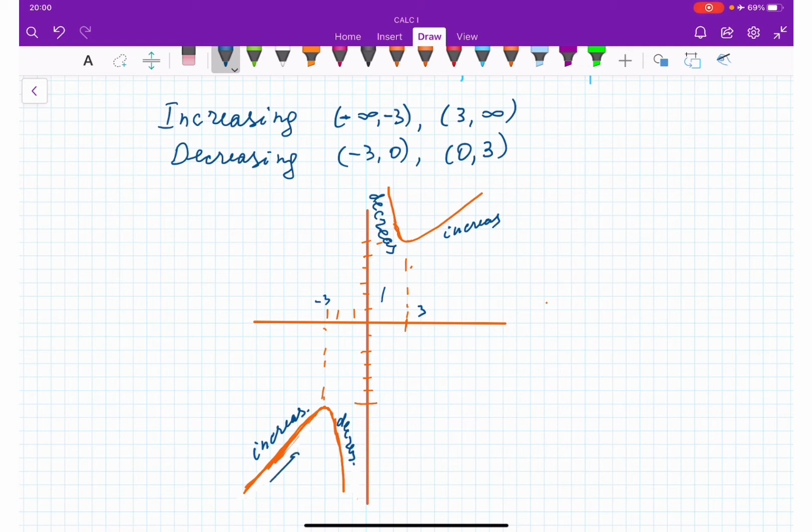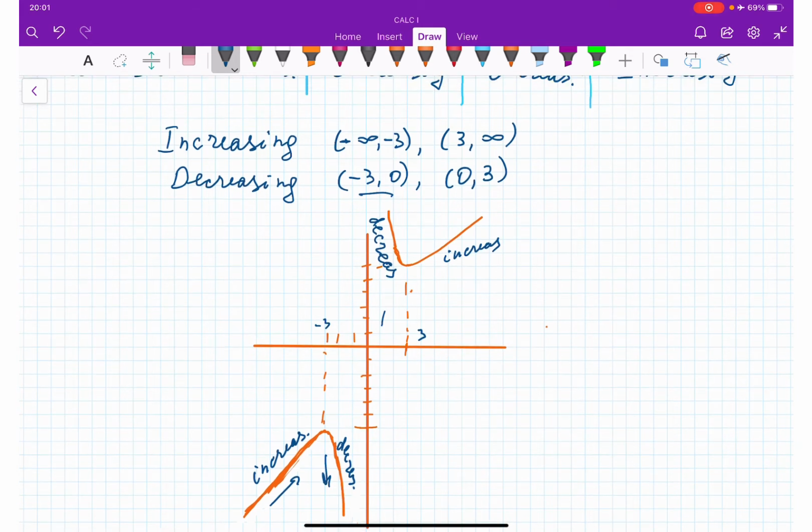From here to here, it's increasing. And then from negative 3 to 0 is decreasing, right? And then from 3 to infinity, it's increasing, right? And from 0 to positive 3 is decreasing. All right? This is going to be our graph.